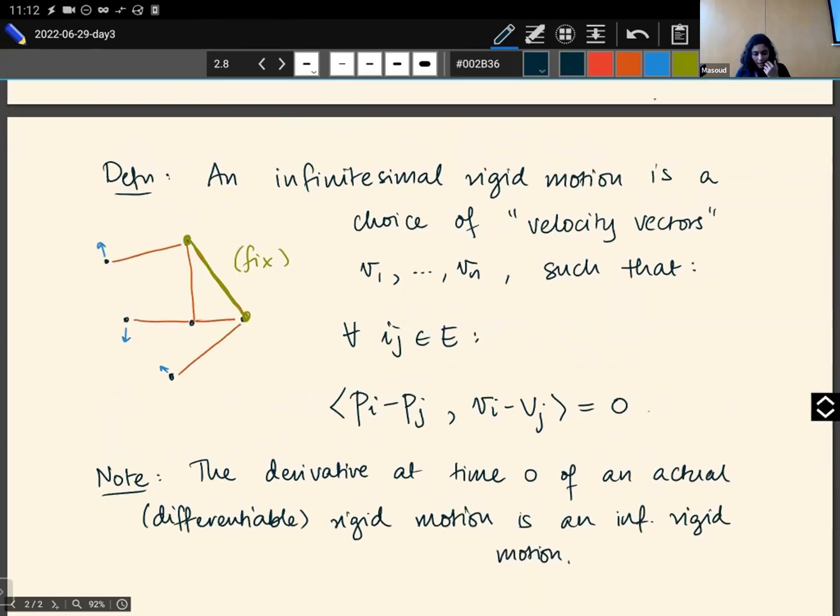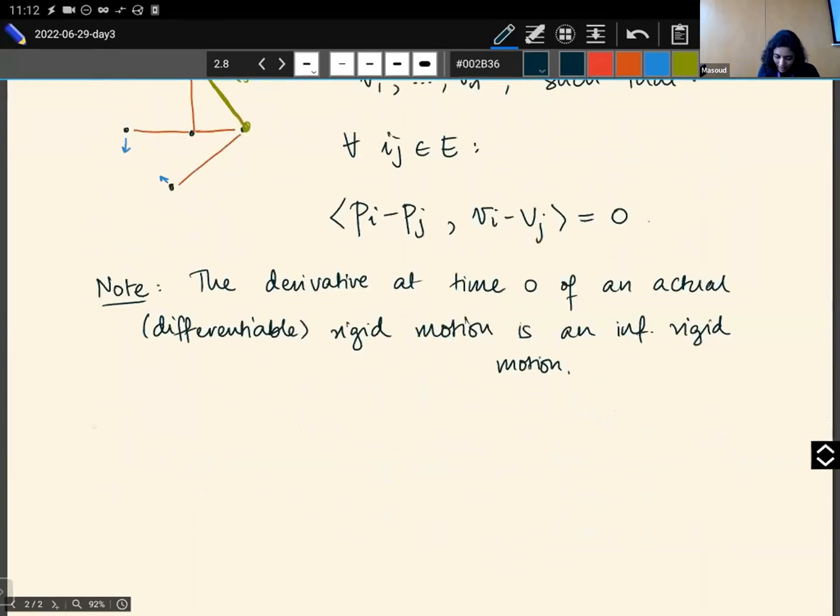And by the way, if you have a rigid motion, you can differentiate it to get an infinitesimal one. You can't always go backwards. So it's a nice exercise to find frameworks that actually have infinitesimal rigid motions, but that you can't integrate. So this is like a fun creativity exercise, I guess.